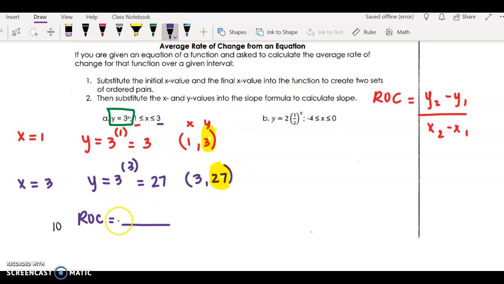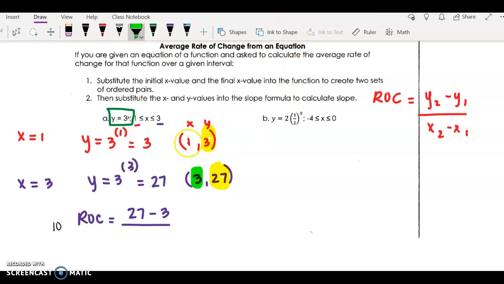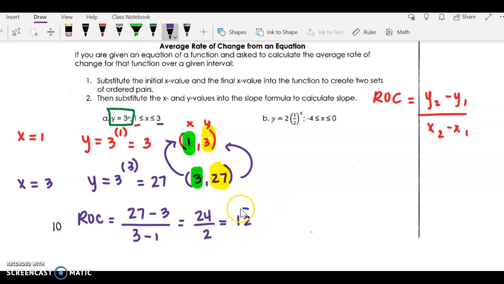So that'll be 27 minus 3, and we'll subtract the x's on the denominator. So that'll be 3 minus 1. And notice I subtracted in the same order. 27 minus 3, 3 minus 1. So 27 minus 3 is 24. 3 minus 1 is 2. So our slope is 12.